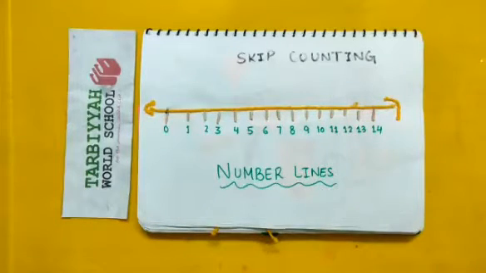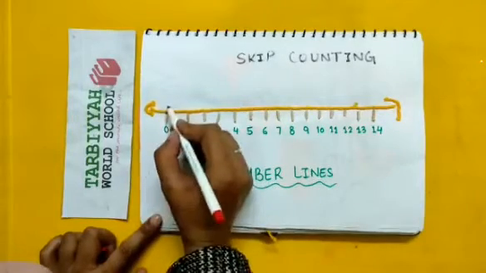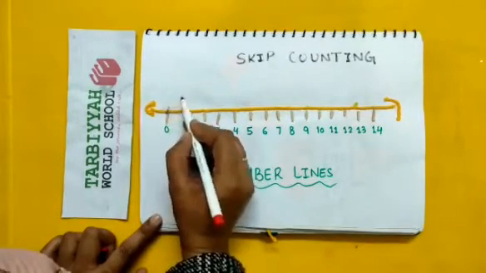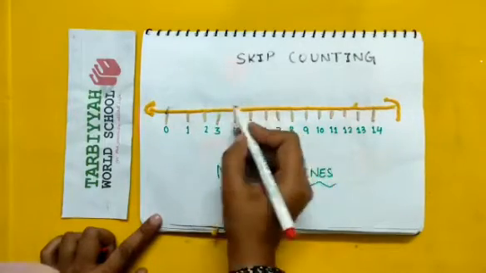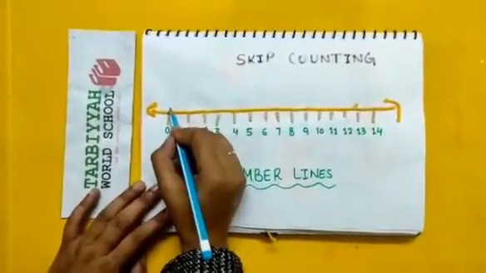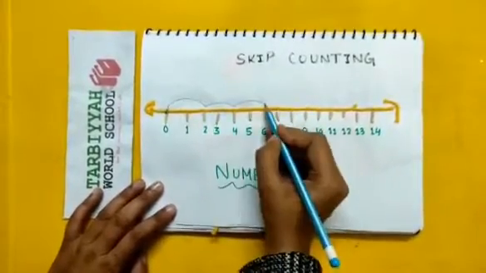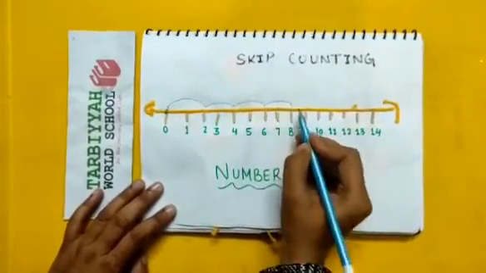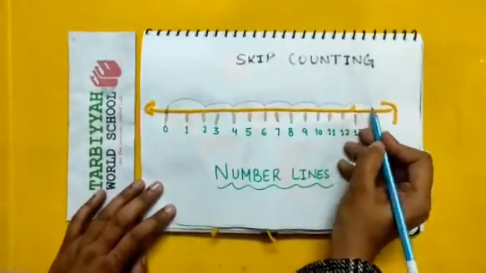After making the number line, you have to do skip counting of 2 like this. 0, 2, 2, 4. Yes, start from 0, 2, 2, 4, 4, 6, 6, 8, 8, 10, 10, 12 and 14.